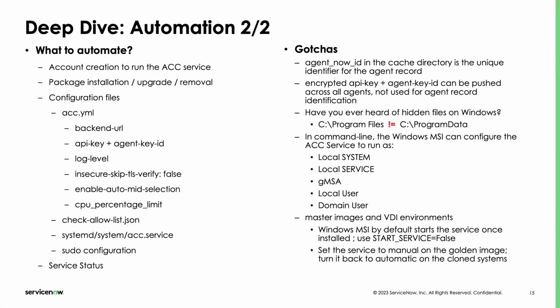Which means as soon as you have that key encrypted plus the associated symmetrical key, you can just bundle that into a single file and push it across all your systems. So think about your approach when you want to change that configuration file.